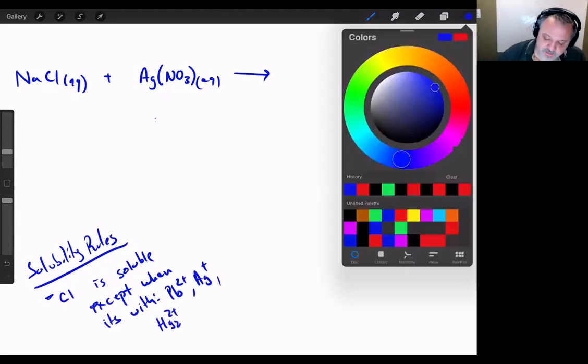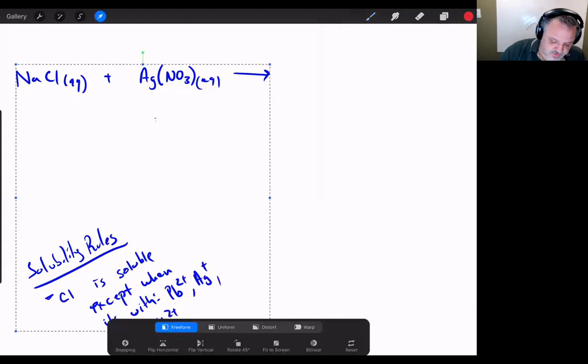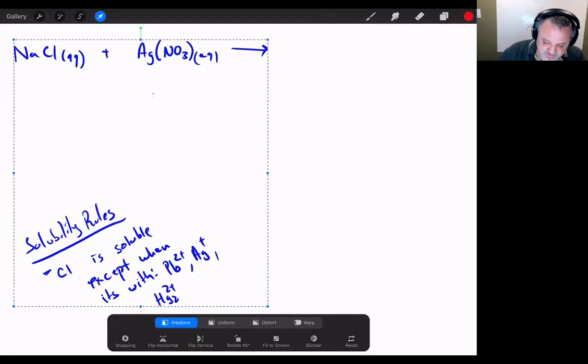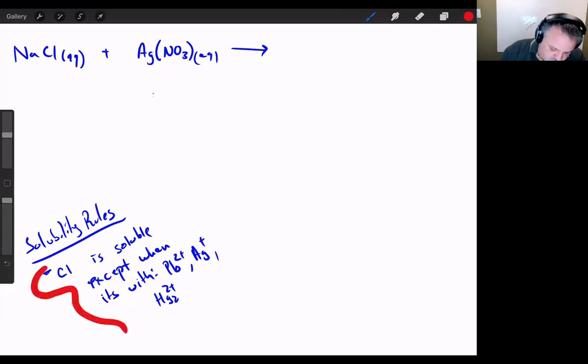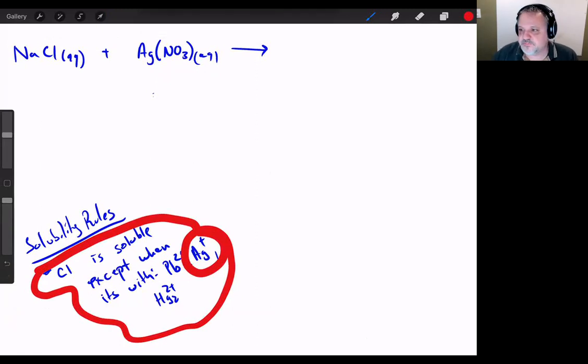Now, how do I complete the reaction for an ionic equation? I'm going to rewrite it in a fictitious sense. But I want you to remember that chloride is soluble except when it's with silver. And ultimately what you're going to see is that I get it together with silver.